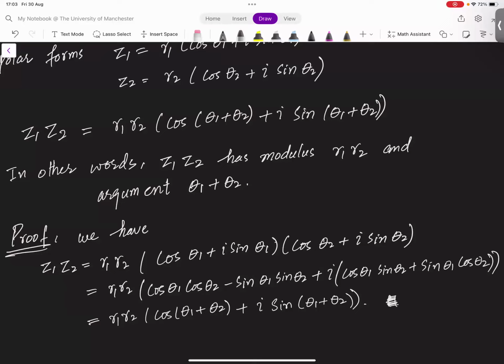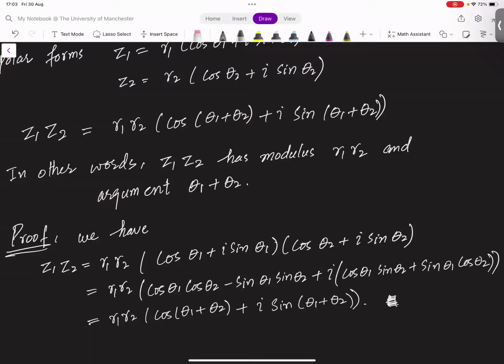Now, we have some more because of this theorem. De Moivre's theorem says that multiplication of a complex number z by cos theta plus iota sine theta rotates z counterclockwise through the angle theta.